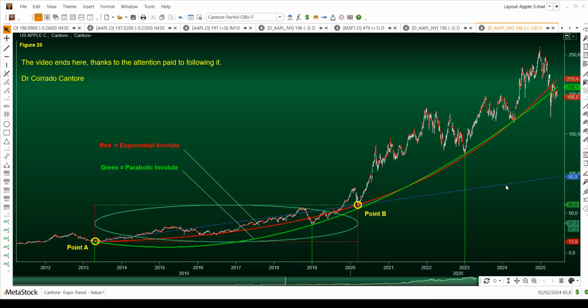It was precisely the violation of this exponential involute that led to the corrective action to be taken in relation to the announcement of the new customs duties by U.S. President Donald Trump.